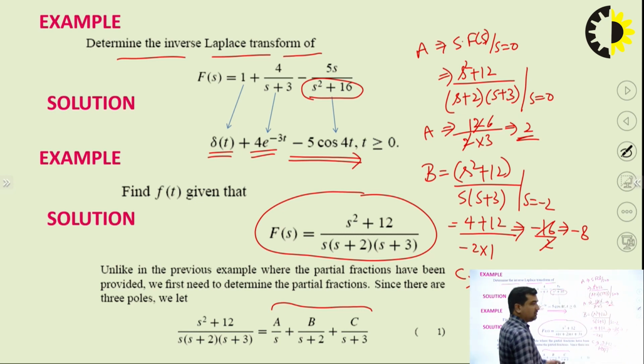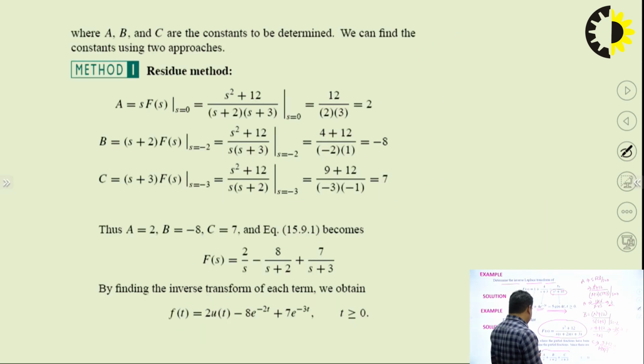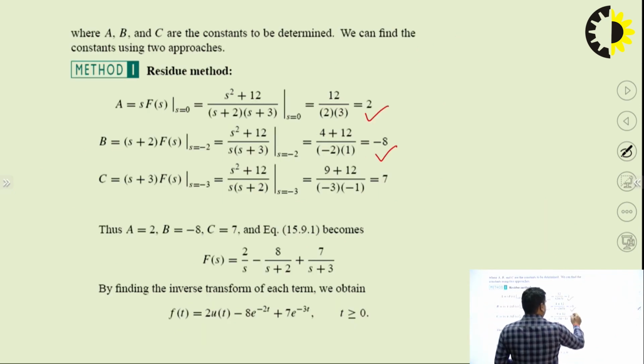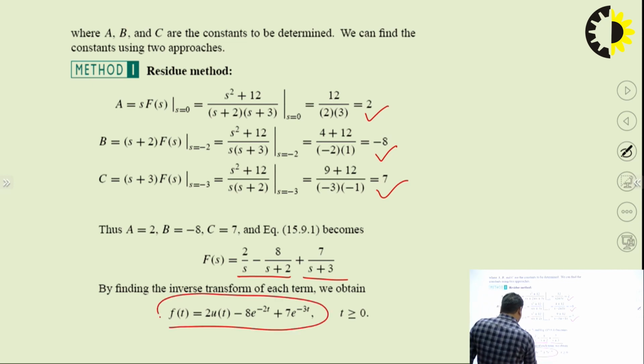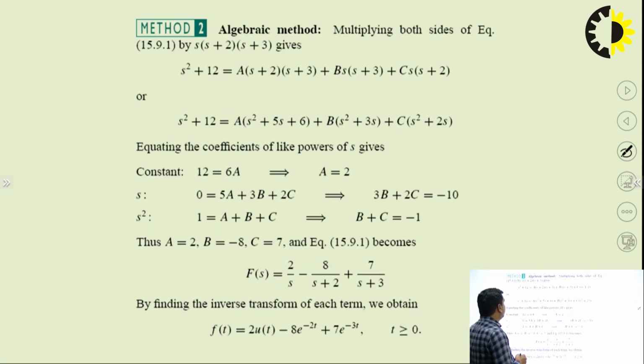So by using these expressions we find the values of a, b, c, and lastly we get the inverse Laplace transform. It comes as 2 upon s minus 8 upon s plus 2 plus 7 upon s plus 3, and that becomes 2 u(t) minus 8 e to the power minus 2t plus 7 e to the power minus 3t, for t greater than or equal to 0.